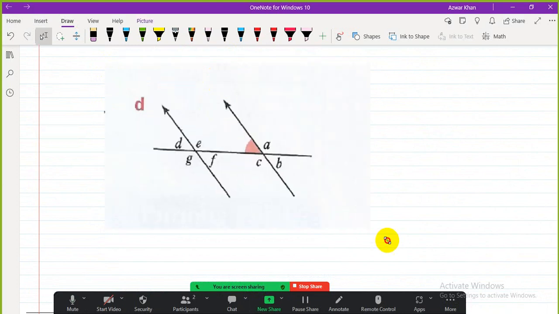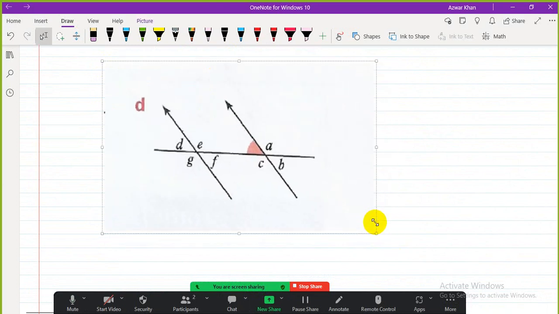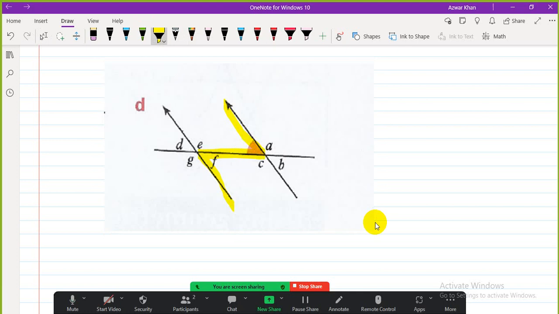Okay. Watch closely. See, I am drawing Z shape. So which letter does it cross? F. The letter is F. So these are alternate angles.